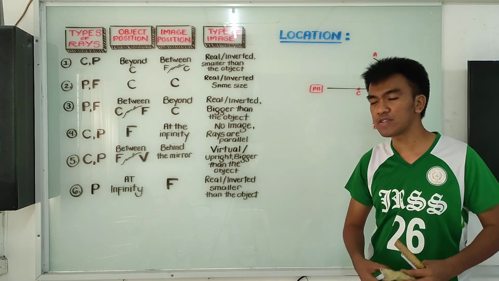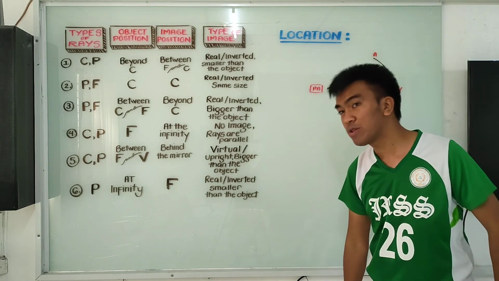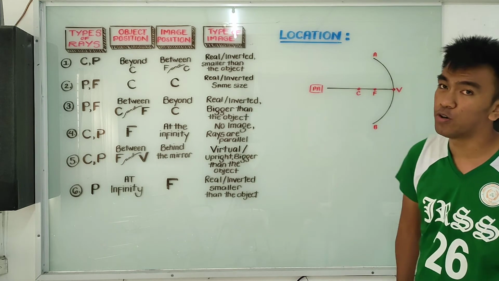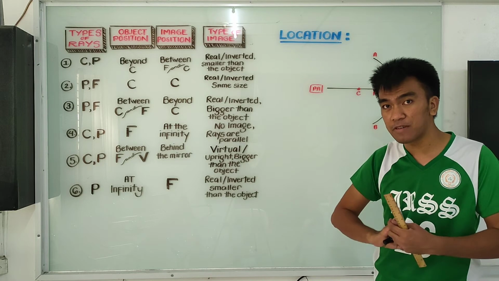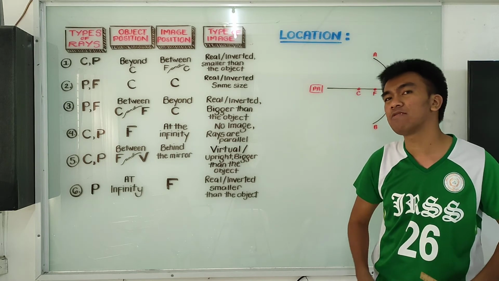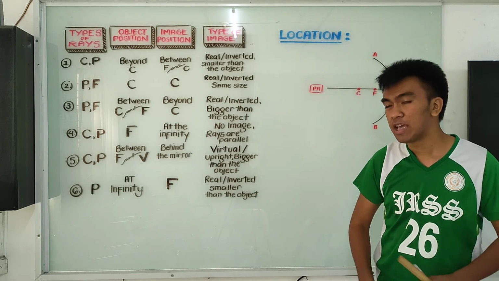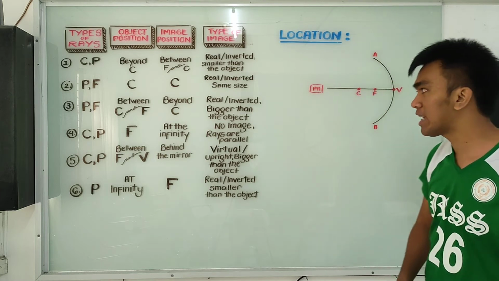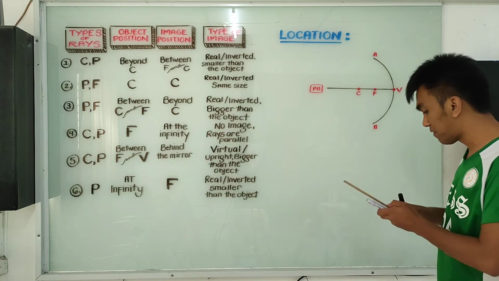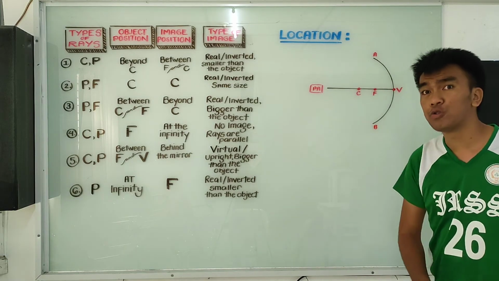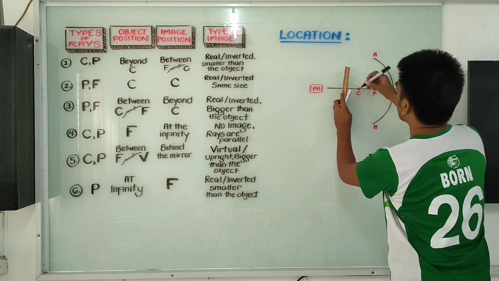Also, there are three rules that you need to remember when we illustrate the types of rays. There are three types of rays. We have the chief ray, we have the focal ray, and we have the parallel ray. In the first rule, any ray passing through the focal point will reflect parallel to the principal axis.